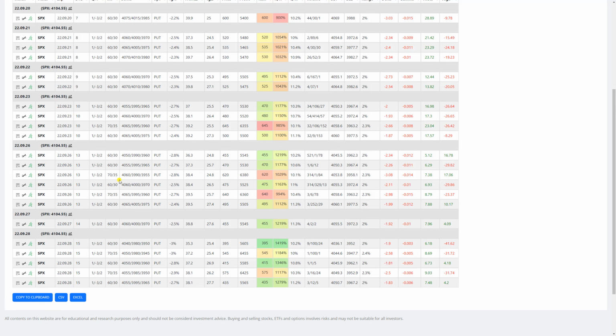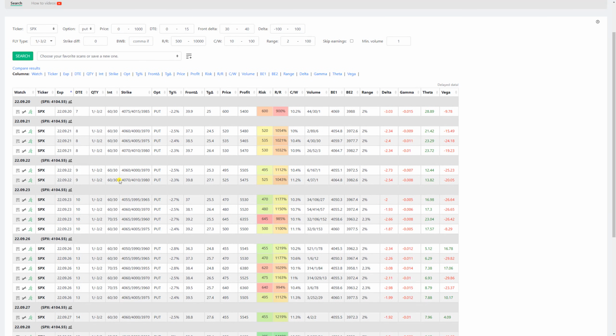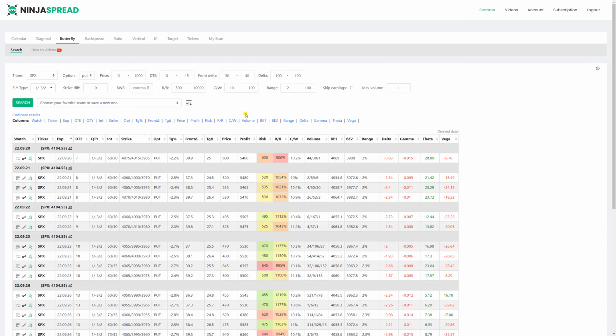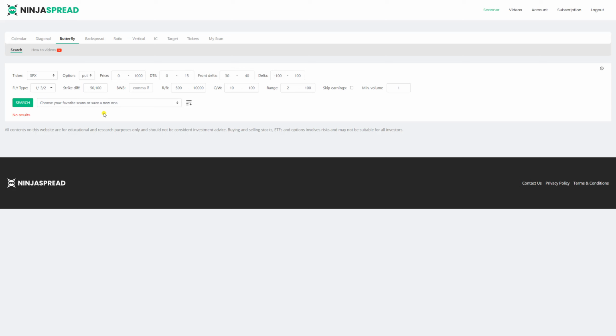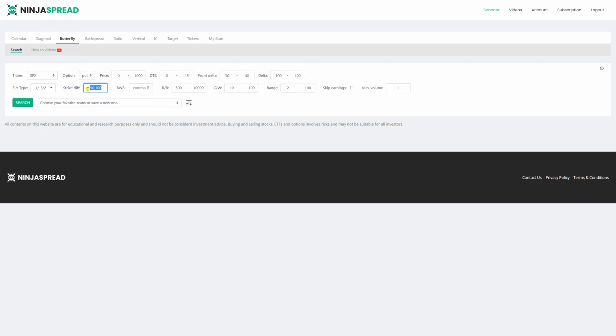What else is here? There are only 2 types of combinations with this set of criteria. I can always go back and look for specific combinations like 50 and 100. And if I'm searching for 50 and 100, there are none. So let's look for 60-40.